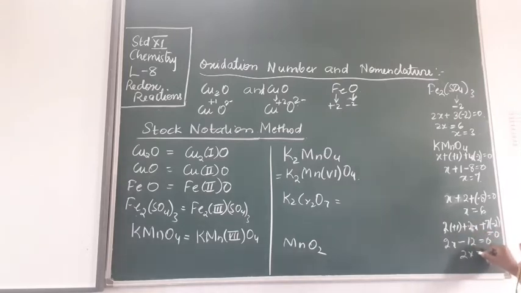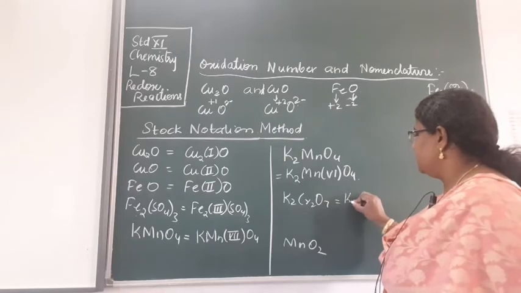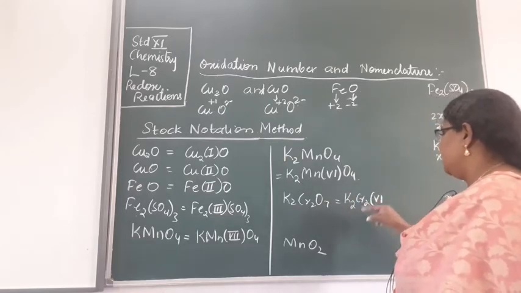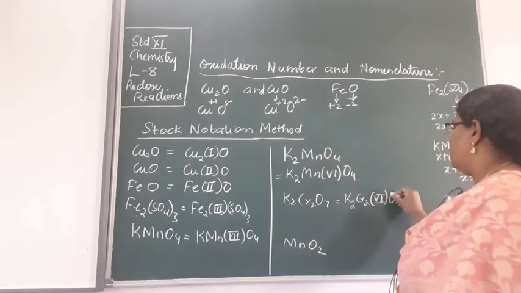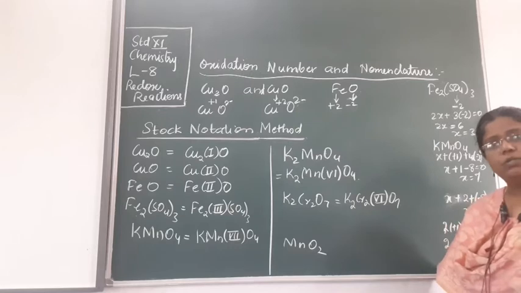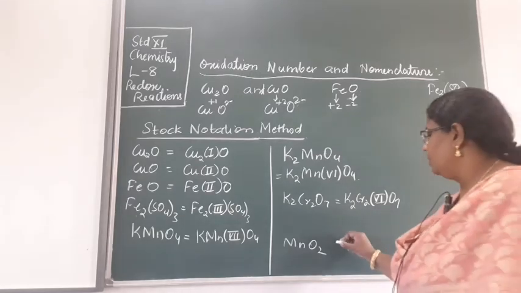So 2x is equal to 12, x will be equal to 6. Okay, so ये यहाँ पे कैसे हम represent करेंगे? K2Cr2, oxidation state of chromium is 6, O7. This is the stock notation method of K2Cr2O7.